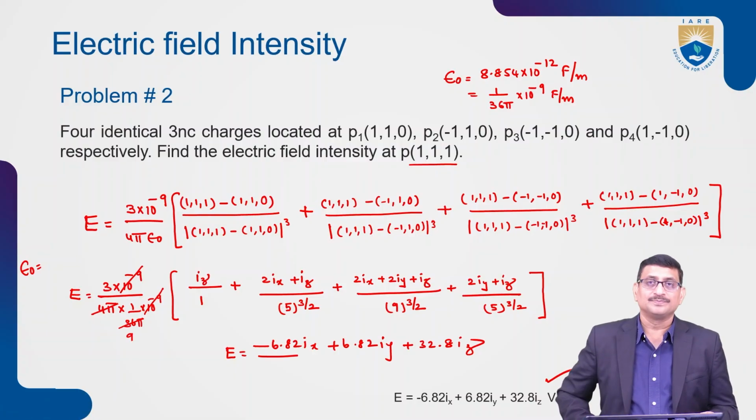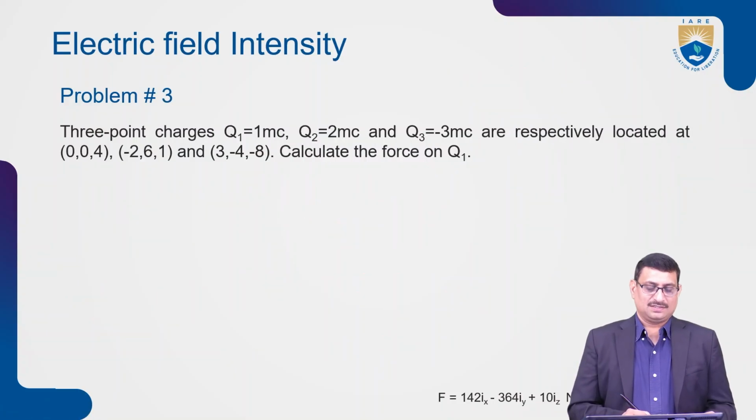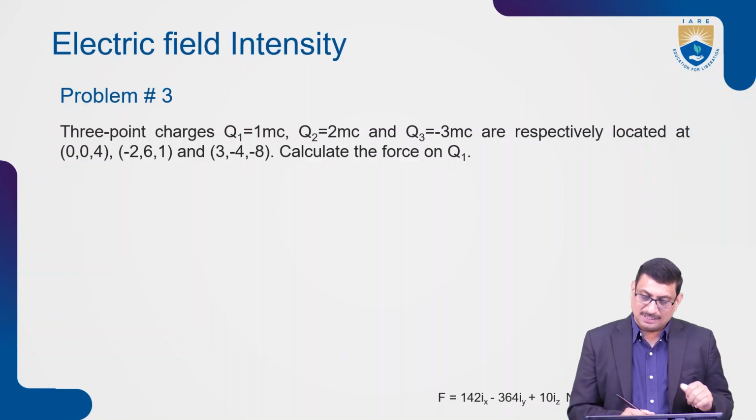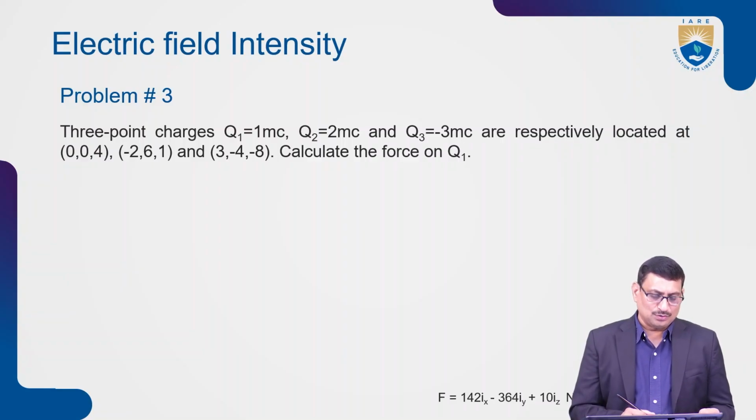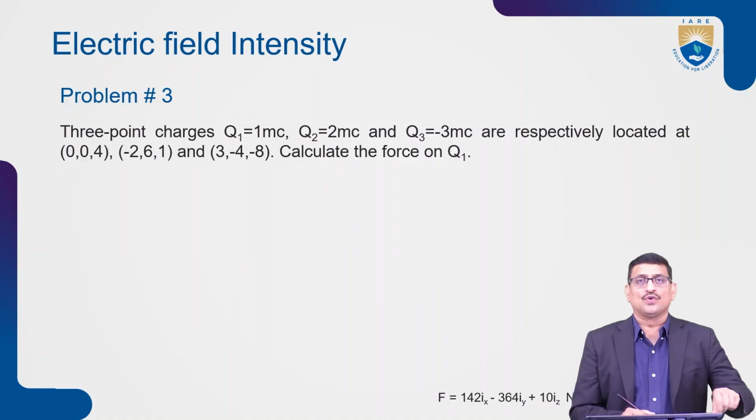Three point charges: Q1 equal to 1 millicoulomb, Q2 equal to 2 millicoulombs, Q3 equal to minus 3 millicoulombs are respectively located at (0, 0, 4), (-2, 6, 1), and (3, -4, -8). Calculate the force on Q1.